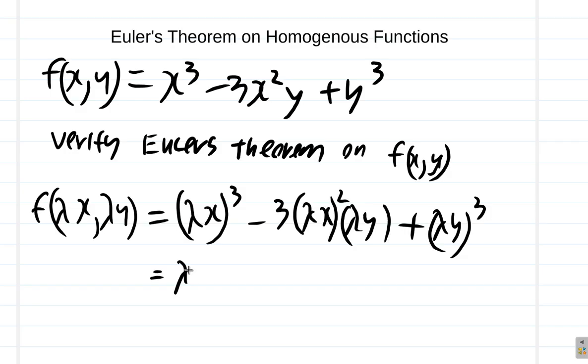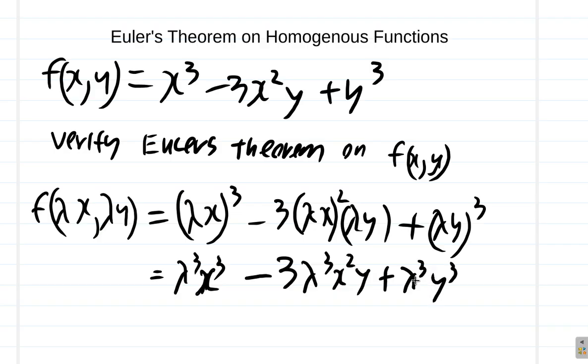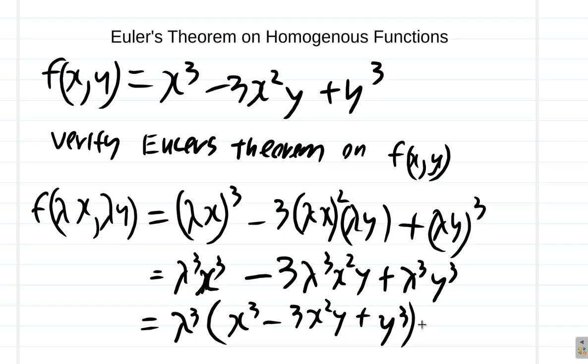So what we have here is lambda cubed x cubed minus, it's going to be 3 times lambda squared by lambda is lambda cubed x squared y plus lambda cubed y cubed. When we factor out lambda cubed inside the bracket, we get x cubed minus 3x squared y plus y cubed.